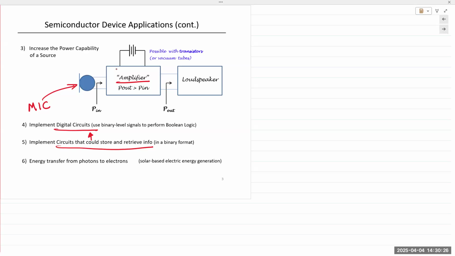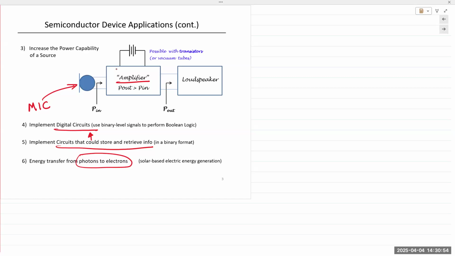And lastly, not lastly, one of the other important applications is energy transfer from photons to electrons, solar power generation. So your photons, they have energy, and they're incident on a semiconductor device that is specifically created for that. That energy from the photon is transferred to the electrons, and the electrons are now free to move.